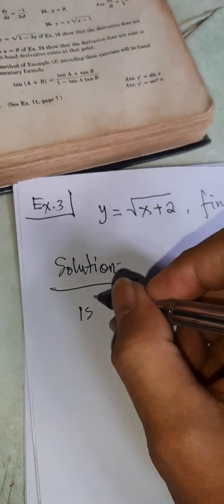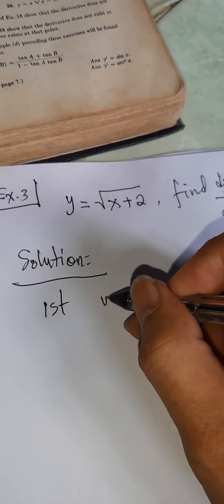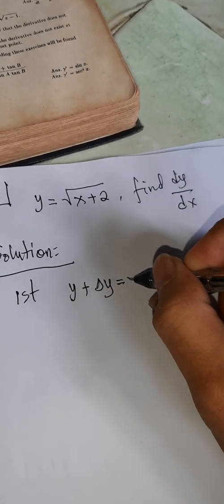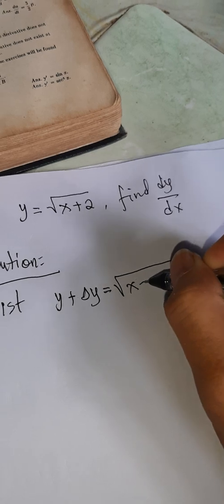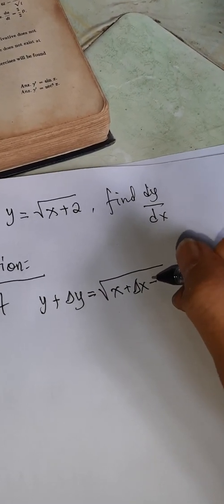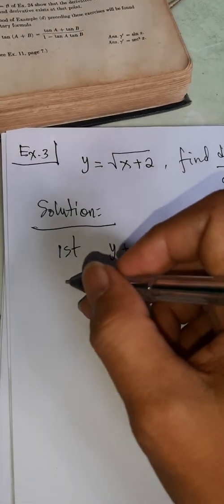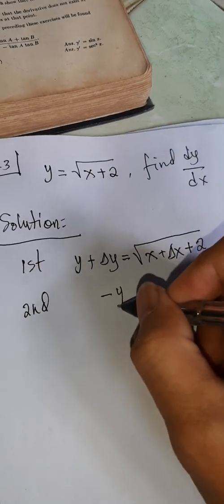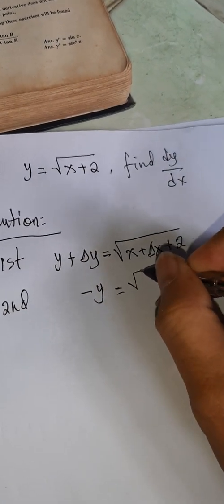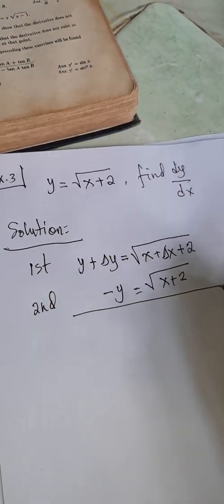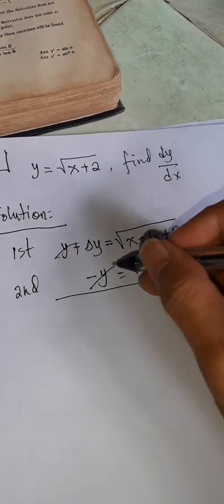Okay, the first step is to replace y with y plus delta y and x with x plus delta x, then simplify. Then second is to subtract the original equation from this new equation. Pwede cancel ito.